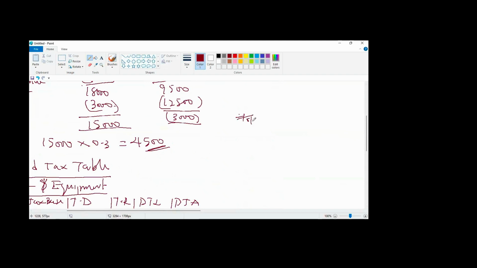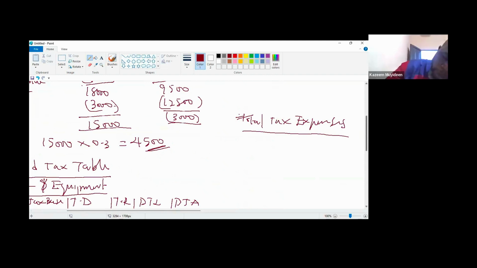That is the difference between opening balance and closing balance. No, I disagree. That is not the total tax expense. That one is deferred tax expense or credit. So what is my total tax expense?